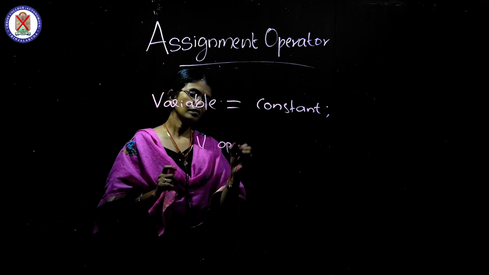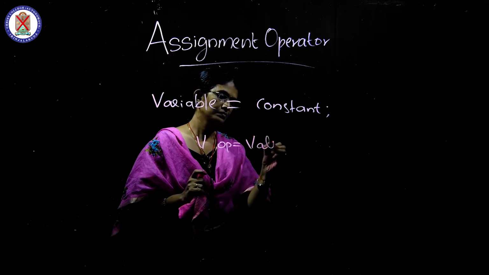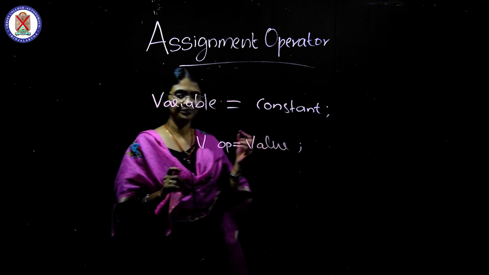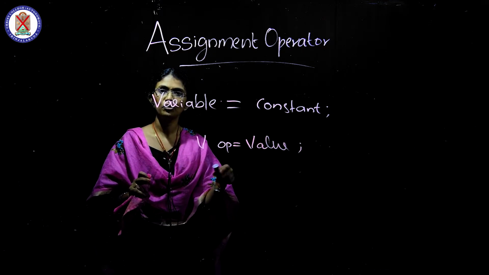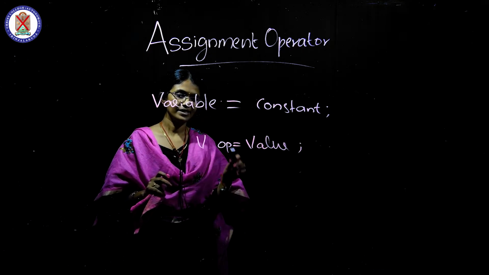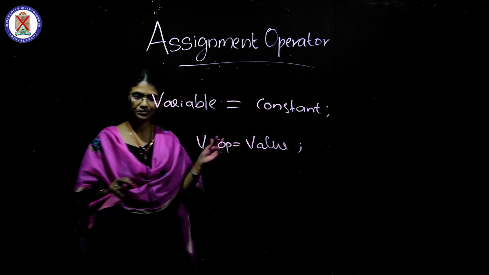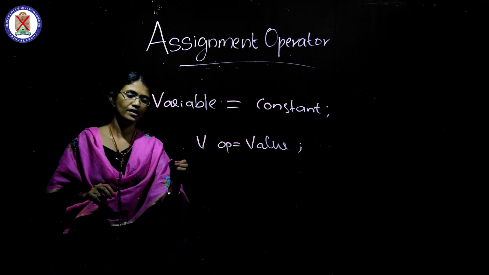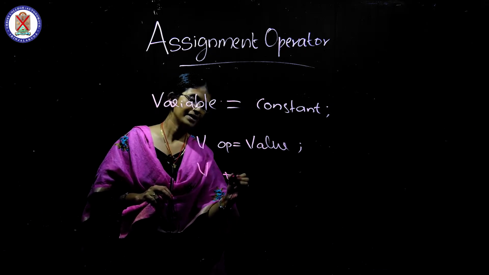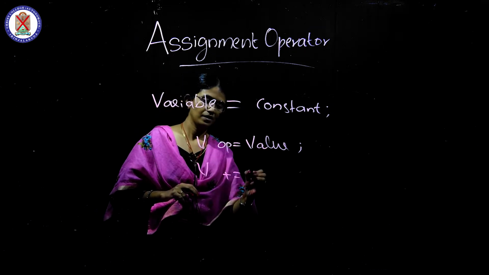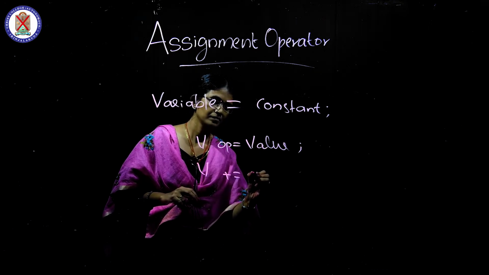V op equals value. In this case V is a variable, op is the operator, and the next is the assignment operator equals, then the value. For example, the first is V plus equals value.